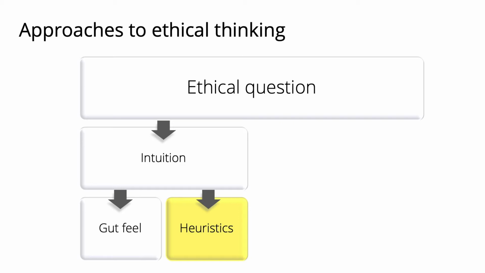So the heuristic here is that in situations like this, saving someone's life is better than lying. So it's probably okay sometimes to lie to save someone's life. That's how we generally solve ethical questions in our daily life. We either use gut feel or heuristics.